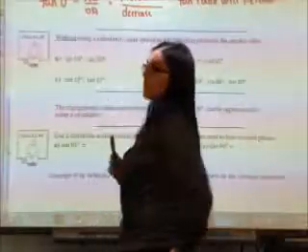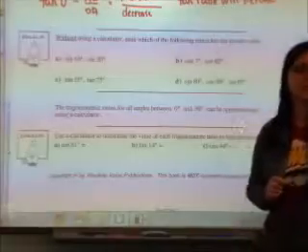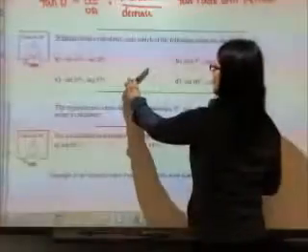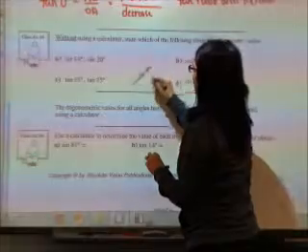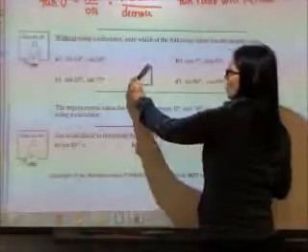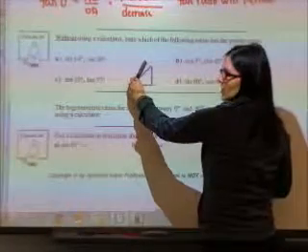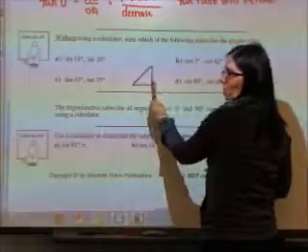So in class example number 3, without using a calculator, state which of the following ratios has the greater value. Which is going to be greater, sine 14 or sine 20? Think of my angle. If this is my triangle, going from 14 degrees to 20 degrees, is my opposite side getting longer or shorter?